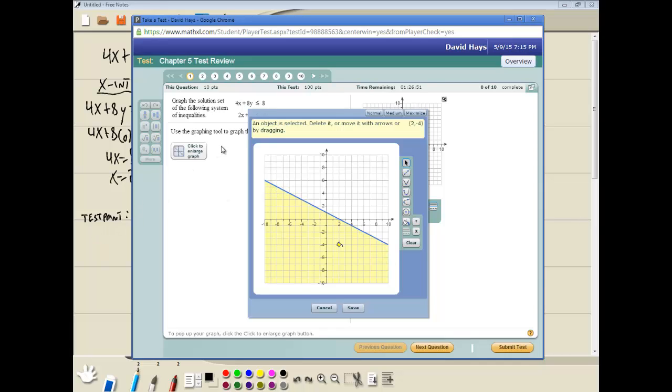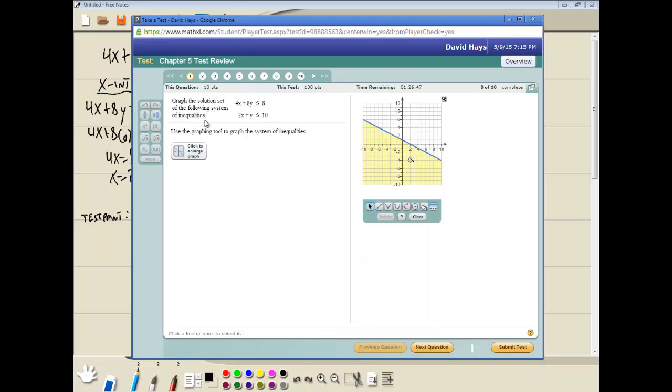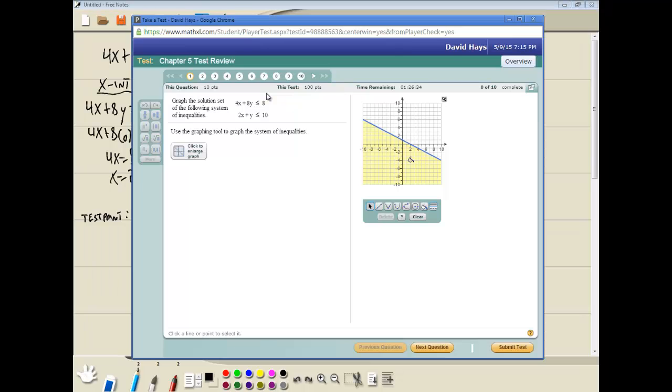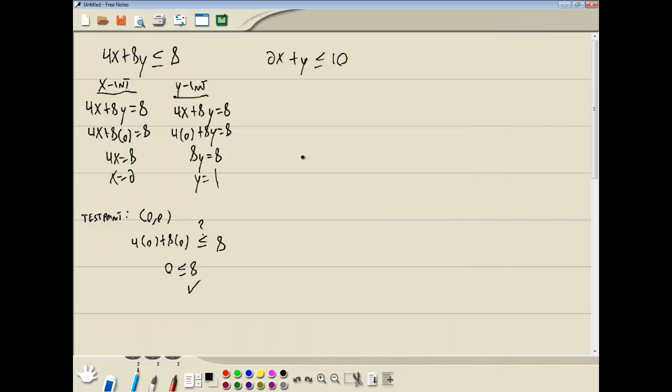Okay, now let's worry about our other one. Let me save that and come back over here. We have 2x plus y is less than or equal to 10. Maybe I didn't want to shade that yet. I was going to shade them and see where they both have it in common.